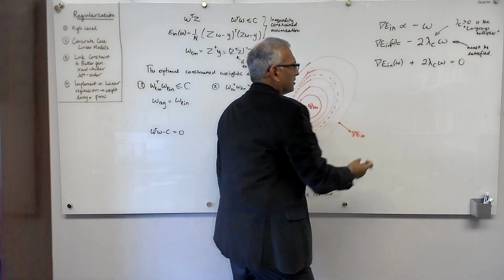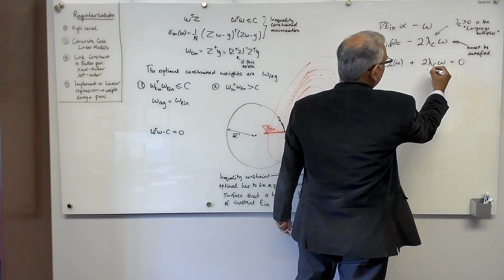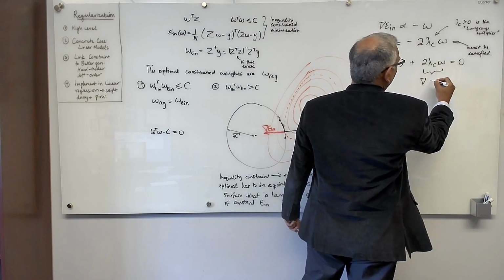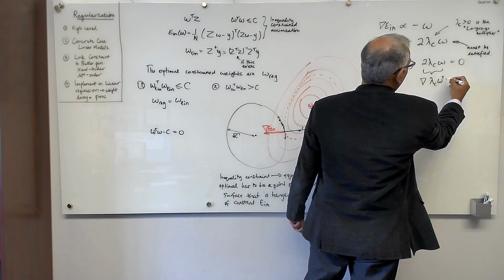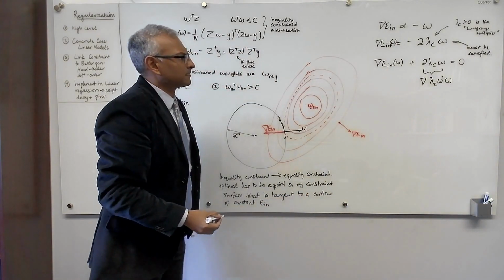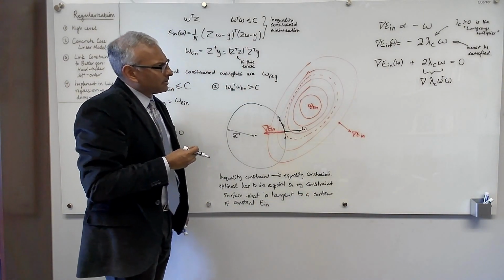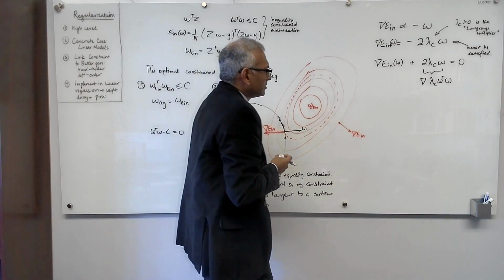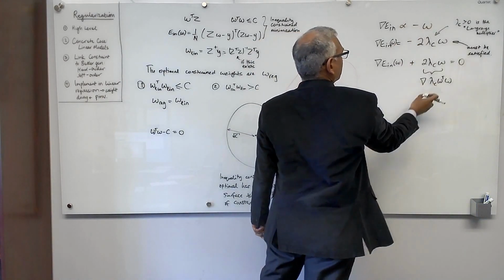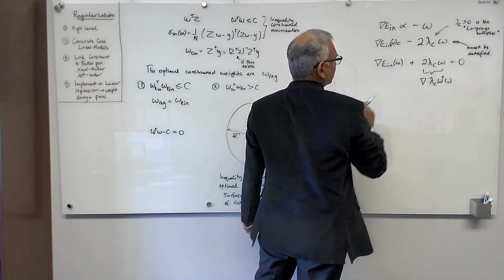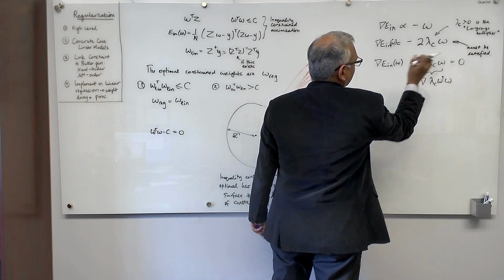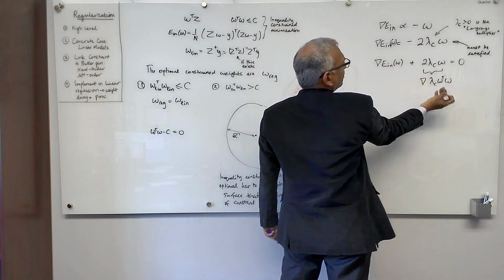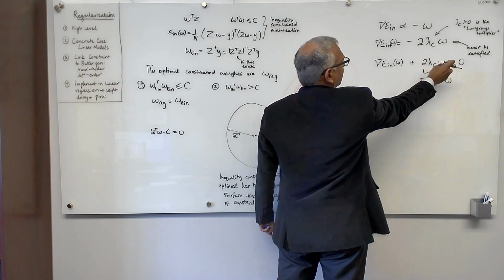And I observe that twice lambda sub c W is exactly the gradient of lambda sub c W transpose W. In the more general setting, I would have a gradient here, but now I've replaced it because this gradient is exactly that. Think of this as W squared, so it pulls down a 2 and then you get W.